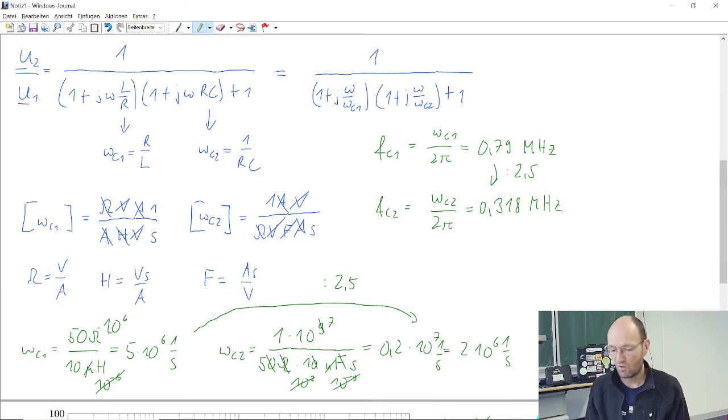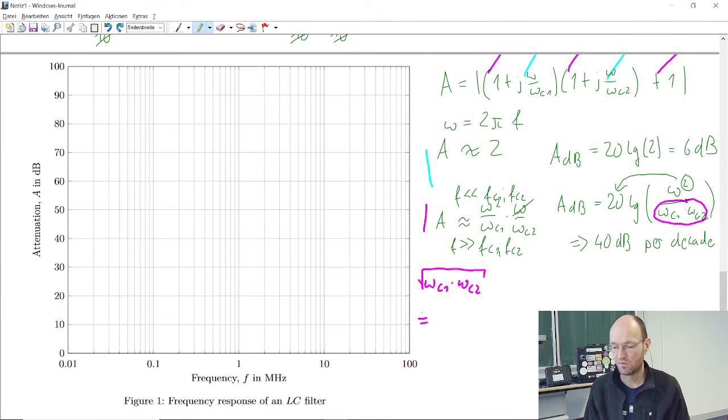So if we go back to our values here, the one was 5 and the other one was 2. So 2 times 5 is 10, and the square root of 10 is approximately 3, right?